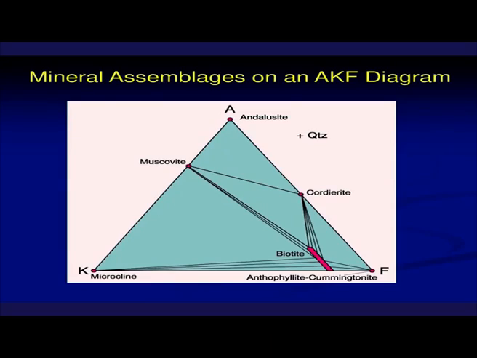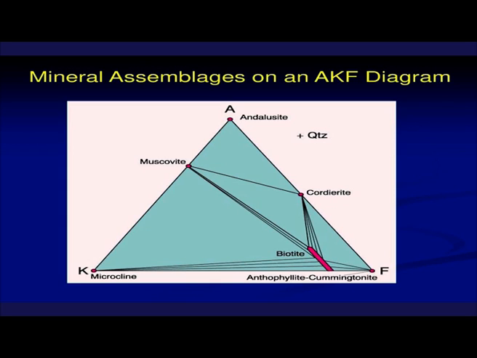For the purpose of graphic representation, these values are recalculated so that A plus F plus K equals 100, that is, they are expressed as molecular percentages. The diagram is commonly used to represent the mineral assemblages of pelitic and quartzo-feldspathic rocks.